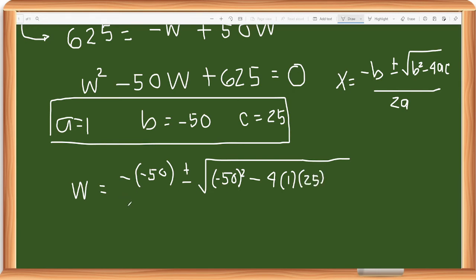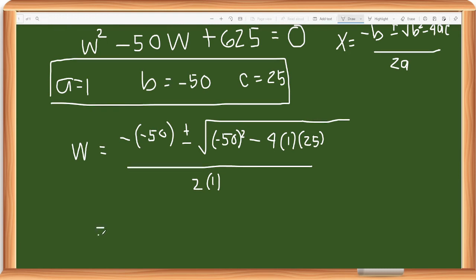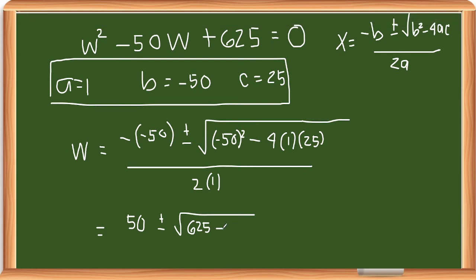Okay, all over 2 times your A, which is 1. So, try na natin compute. Ano nga ba yung magiging dimension ng W? Negative times negative, magiging positive 50 to. And then, plus and minus the square root of 50 square is negative 50 times negative 50 is 625. Minus 4 times 25.